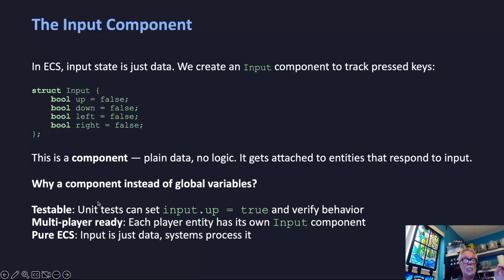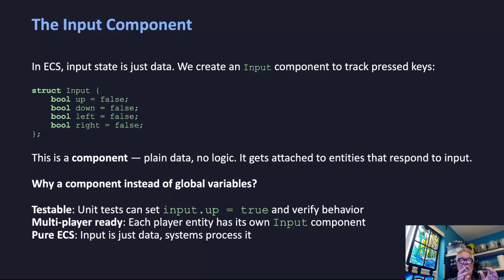So we have been talking about representing the data within our game as rows in a spreadsheet, entities that have components. So at this point we have added a position, a size, and a color to get our little rectangle. We're going to add a new component, which is the input component.